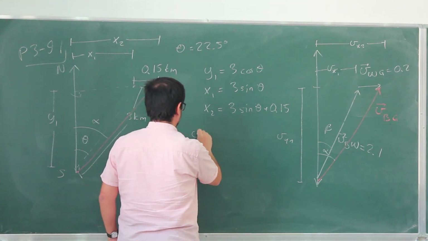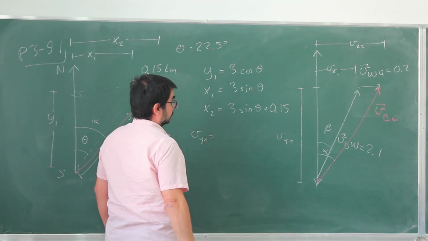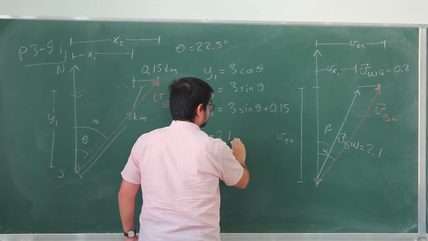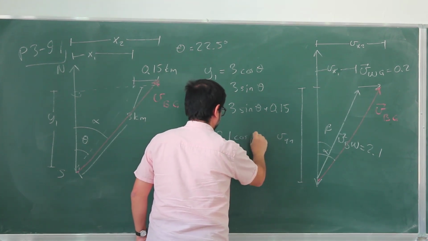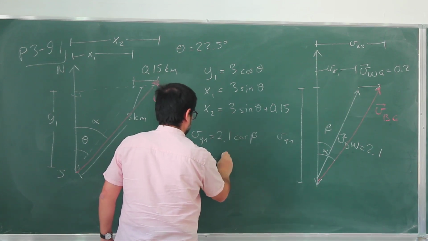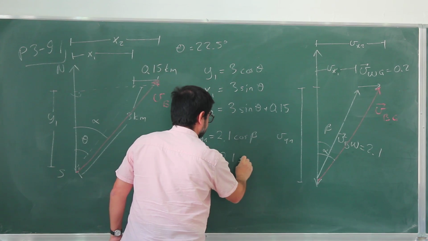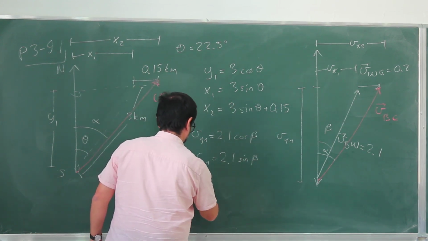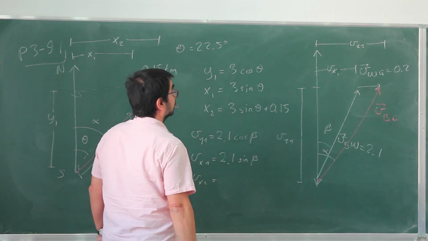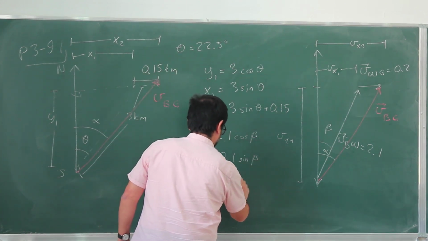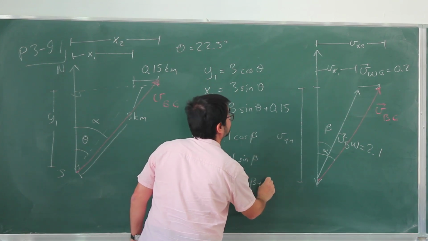So Vy1 is going to be 2.1 times cosine beta. Vx1 is going to be 2.1 sine beta, whereas Vx2 is going to be 2.1 sine beta plus 0.2.